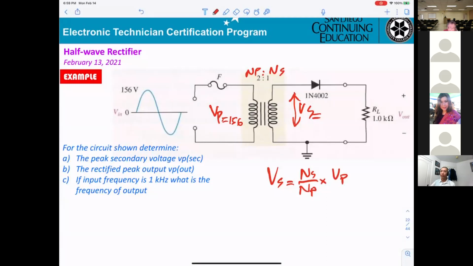You take the 156 divided by 2, right? Yes, sir. 78 volts. Okay. The rectified peak output, we pick out here. That's 1, that's 2, that's a half, 0.5 times. Oh, yeah, I was wrong on that. Yeah, it's a half times 156, so you chop it in half.